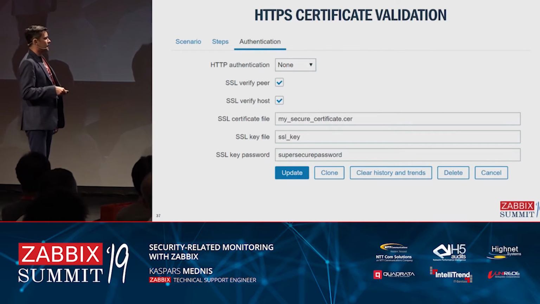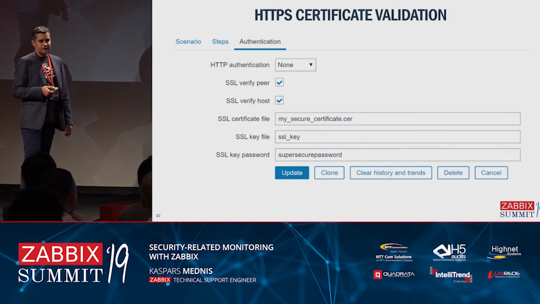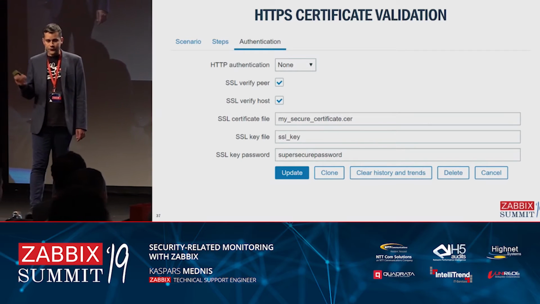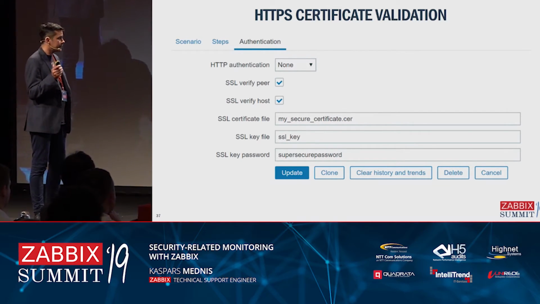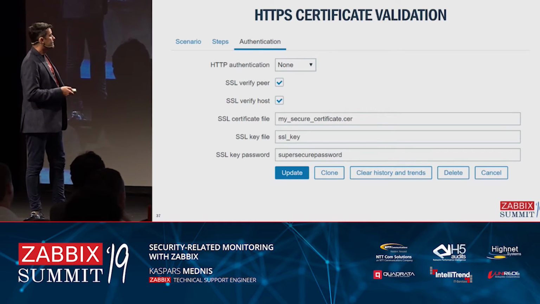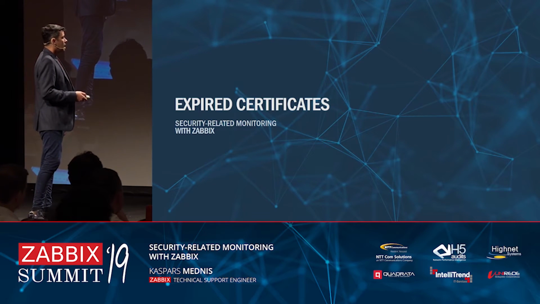Yes, and you can supply some of the certificates to Zabbix, and then Zabbix may say, hey, this host has some very, very strange certificate. Yes, it's not the host which you think of. So, yes, you can use this functionality.